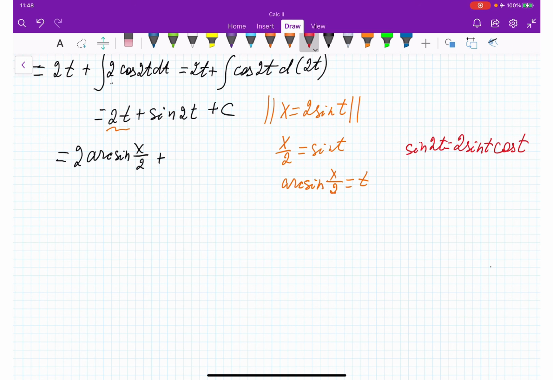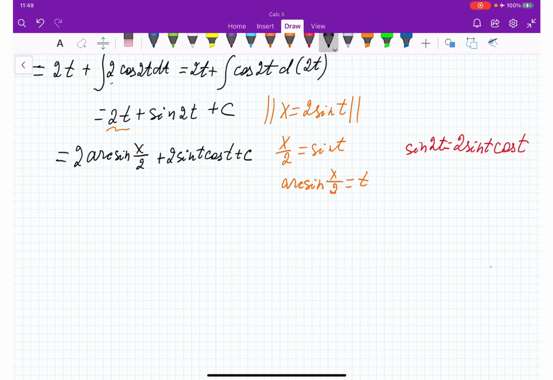I have all this in my trigonometry. That's why I covered trigonometry before I started doing integrals and derivatives. So sine 2t is equal to 2 sine t cosine t. Okay, so I'm going to write down here plus 2 sine t cosine t plus c.